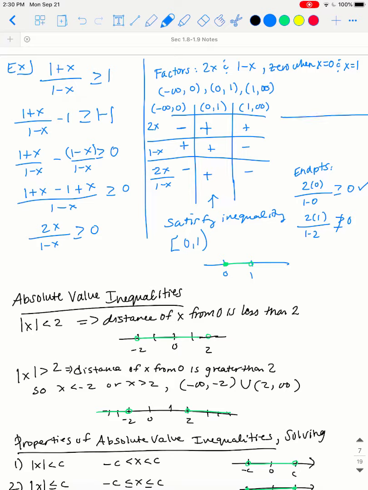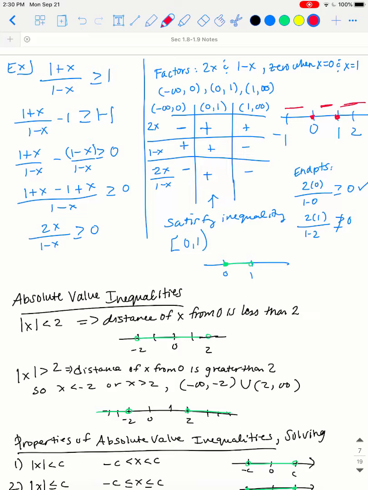So I'm going to mark the zeros here. So I have 0 and 1 to make my intervals. So I have negative infinity to 0 here, 0 to 1 here, and 1 to infinity there. So I have my factors 2x, 1 over 1 minus x, and then 2x over 1 minus x.